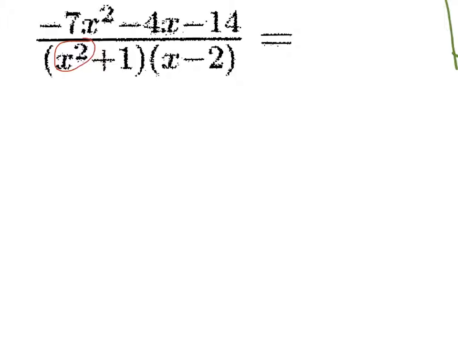This is already factored, so you can't do anything more with this. So in the numerator, you have to put ax plus b, that's your standard form for a linear expression, all over x squared plus 1.